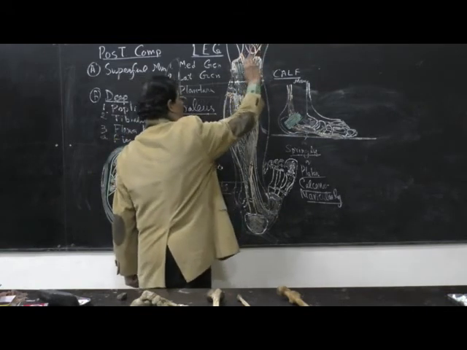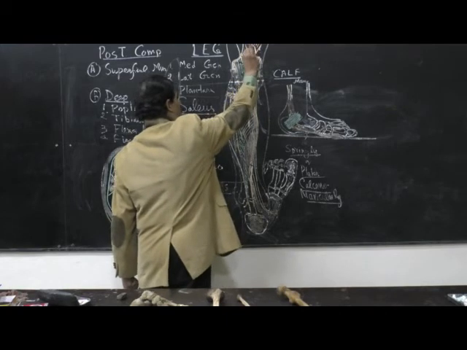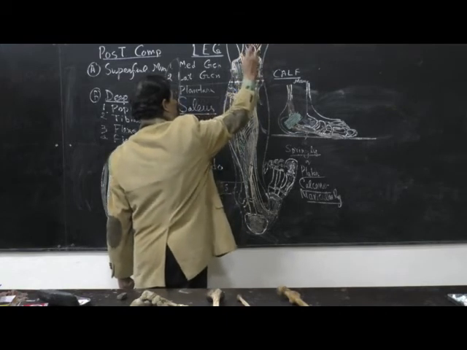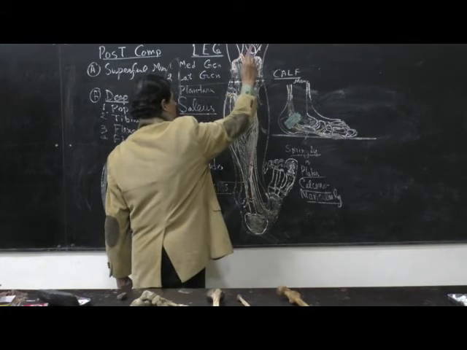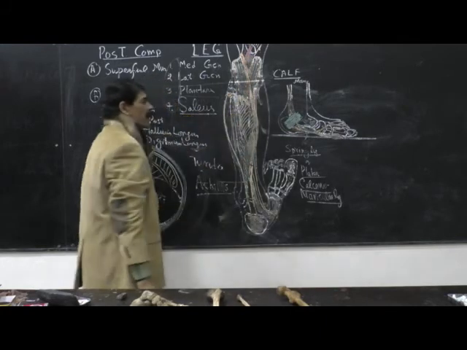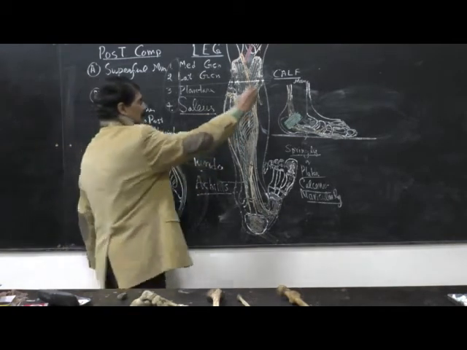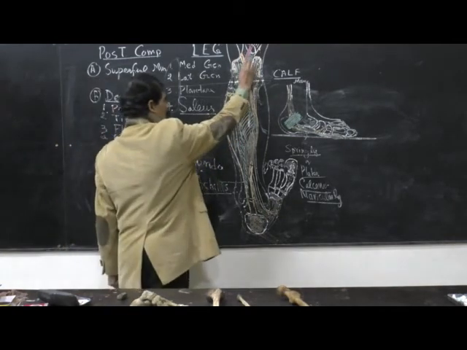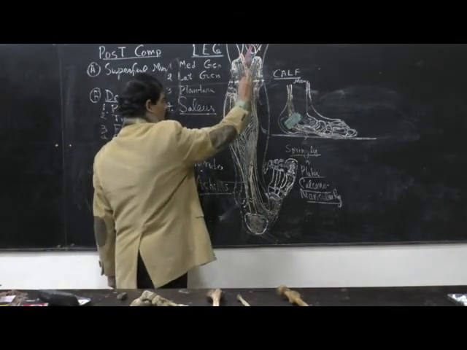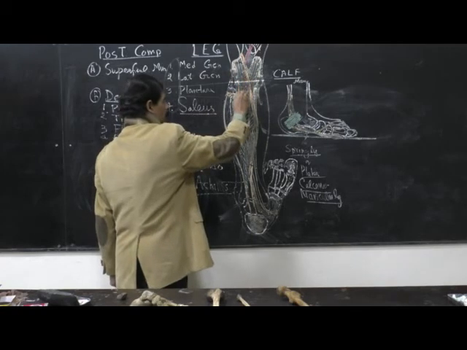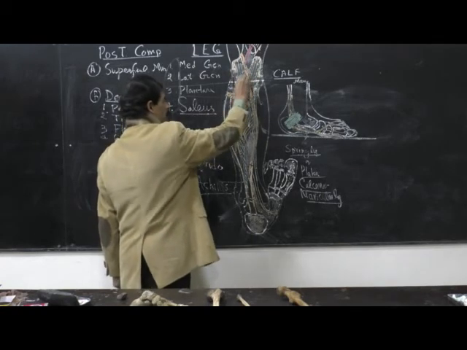It runs obliquely, touching the popliteal surface of the femur, forming the deepest content of the popliteal fossa. Then this artery runs down towards the upper border of the interosseous membrane.